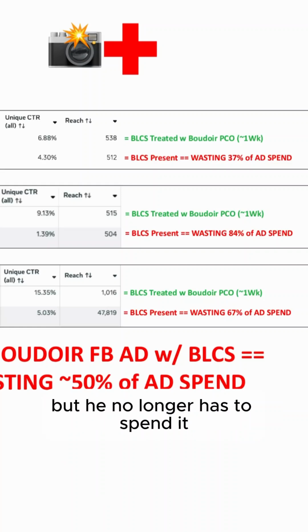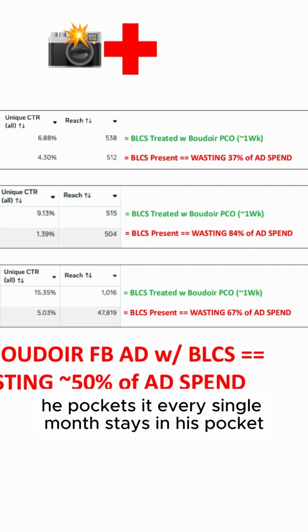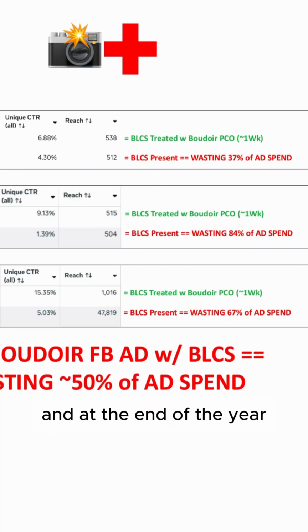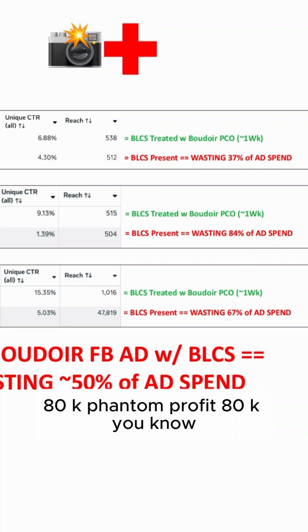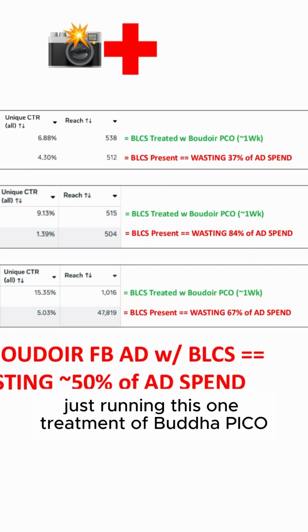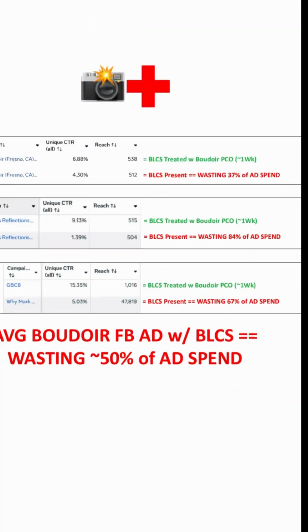He no longer has to spend it. He pockets it every single month. Stays in his pocket simply from him not spending it. And at the end of the year, it's like what, 80K bonus, 80K phantom profit, 80K Boudoir Pico profit by simply running this one treatment of Boudoir Pico.